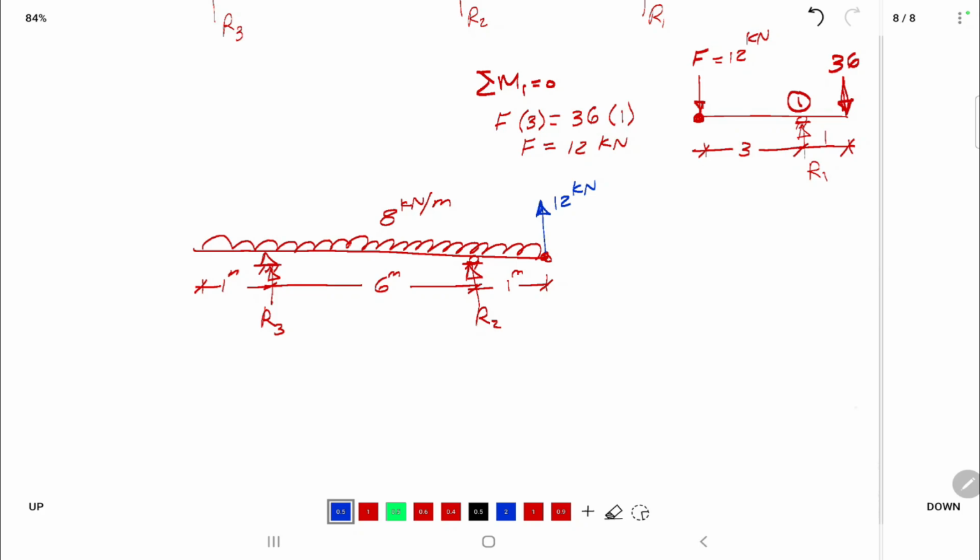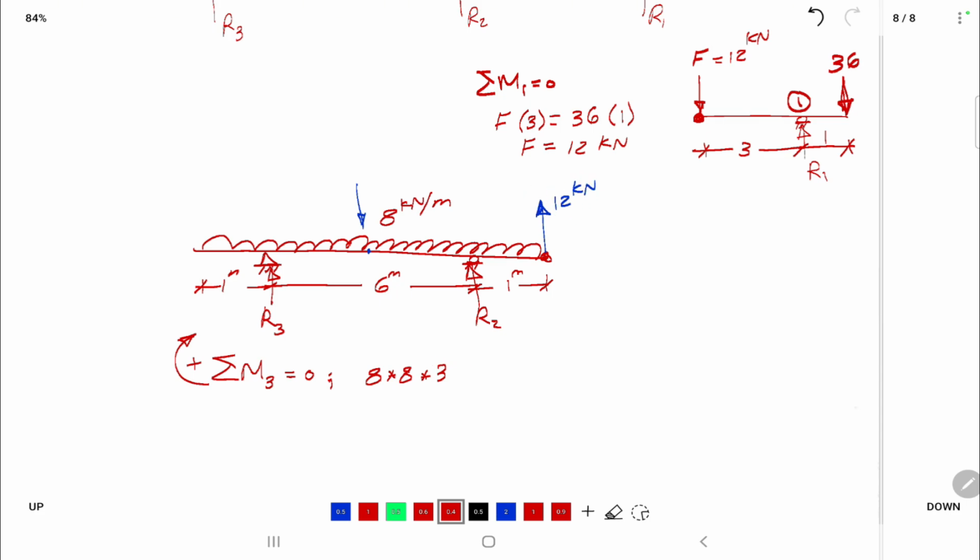Now, taking the moment about this hinge equal to 0, I'll assume everything clockwise is positive and any moment anti-clockwise is negative. So 8 multiplied by 8 multiplied by the distance to the centroid of this uniformly distributed load, which is 3, is clockwise.